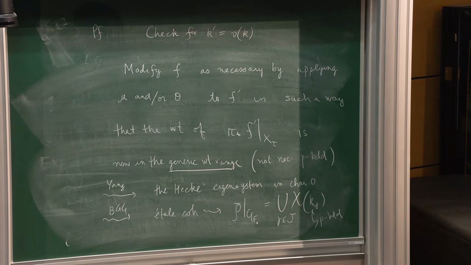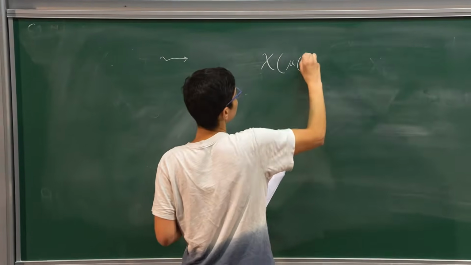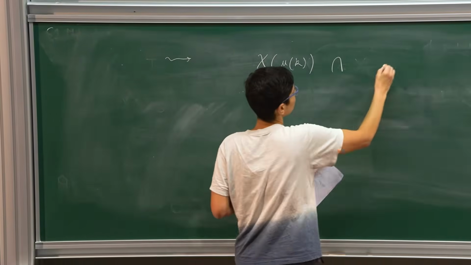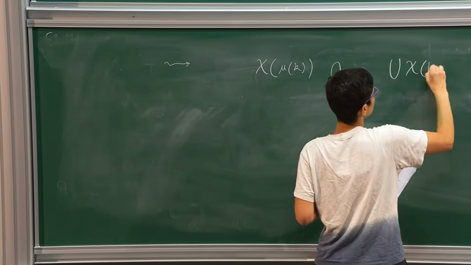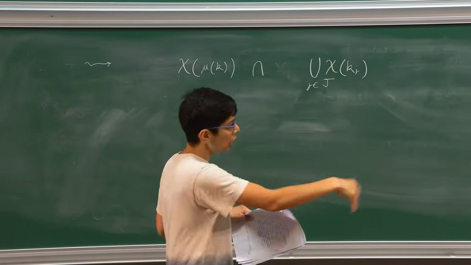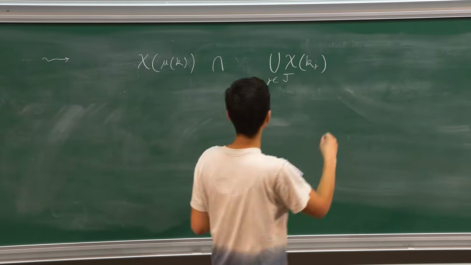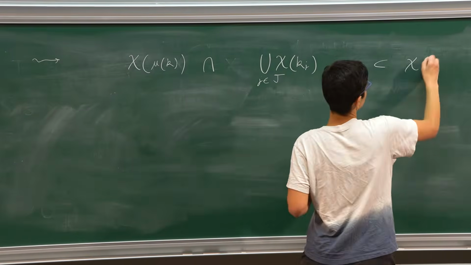But in this case, remember that the locus obtained from applying mu was still very good. So we show that, and this is a really non-trivial step, but I'll just sort of write it trivially, that X mu k intersection with the union of all of these X k j's that can show up when you change the weight and then do this restriction to Goren Oort strata, this is in fact contained in X nu tau k.